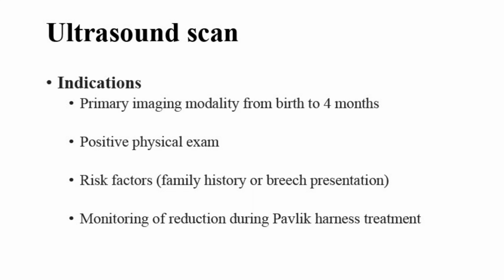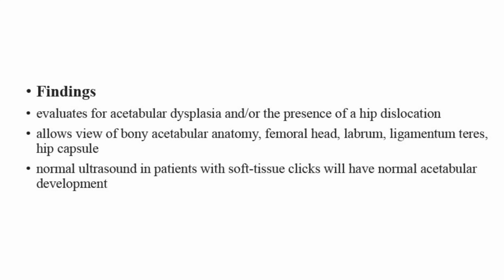Primary imaging modality. If you suspect and if you see any risk factor, you do the examination. Even if you don't see, you go for the second line of defense to find out the thing. It's a primary imaging modality, and it's definitely indicated for a positive examination, and in the presence of risk factors we have to do it.